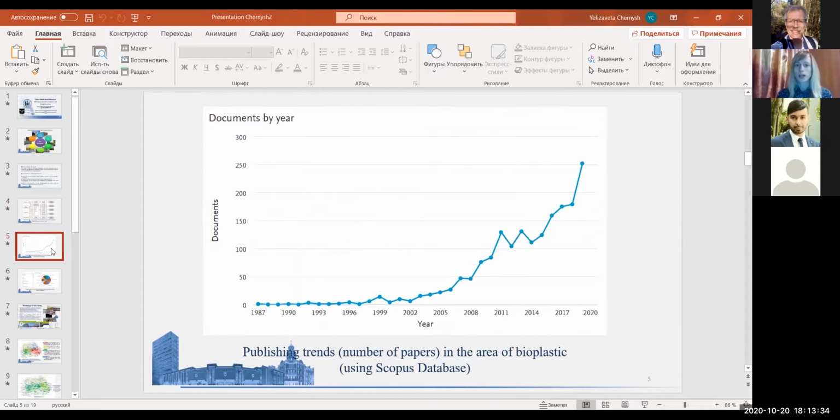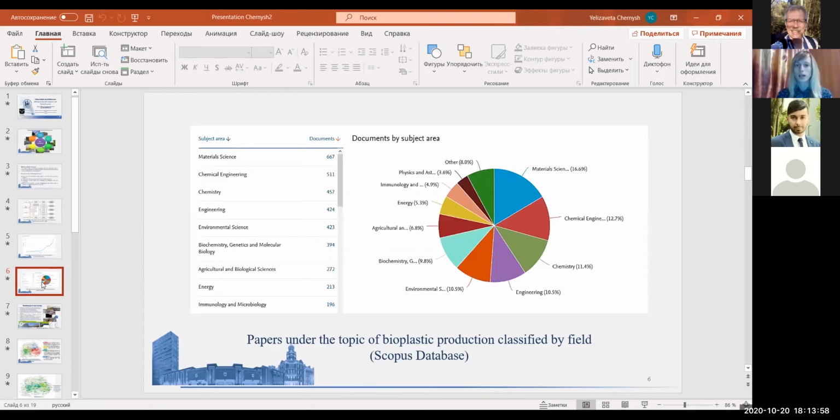In this direction we also use the Scopus database, and we see how activity and publication change per year in the area of bioplastic production, and of course now there is strong growth. We also see that papers under the topic of biopolymers consist of different subject areas.